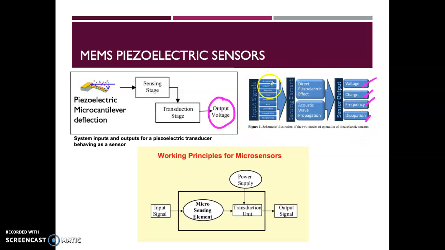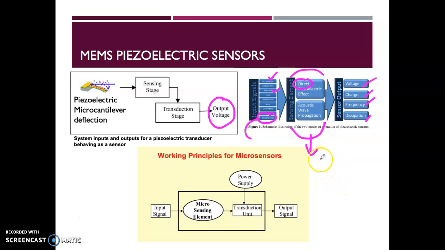Your input can be from the environment, let's say from acceleration, so that's what we call an accelerometer, pressure sensor, or the angular rate, or we have a magnetic field, or even the chemical, either a liquid or a gas. So in the middle is where the principle plays a role. Here we are going to focus on the piezoelectric material. So we have two parts. So sensor, always about direct.